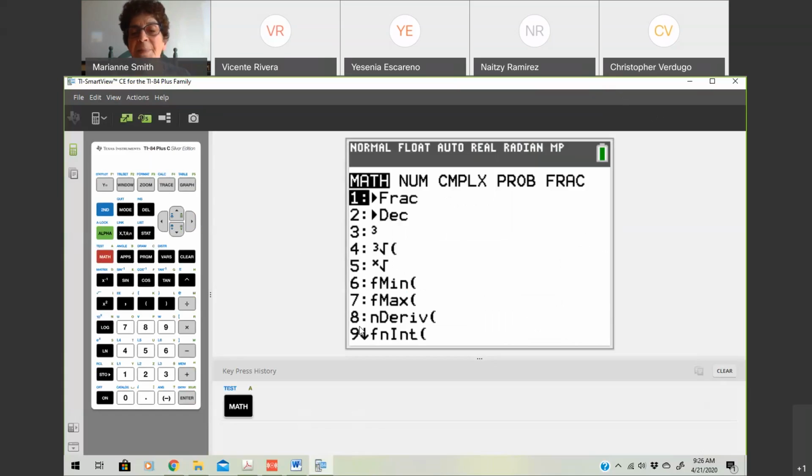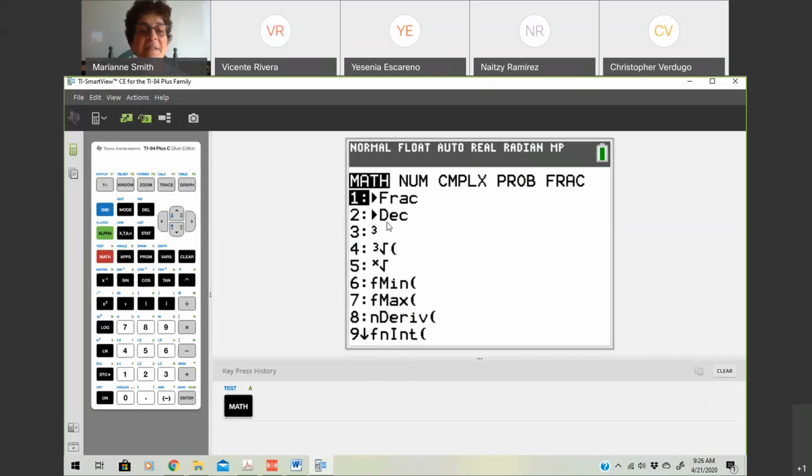Everybody see number 9 down here? Number 9 says function integral, and that basically is a definite integral. So again, it will do the same thing. It will numerically approximate a definite integral. Your calculator isn't doing calculus. It's using a numerical approximation. So again, your answer's off a little.